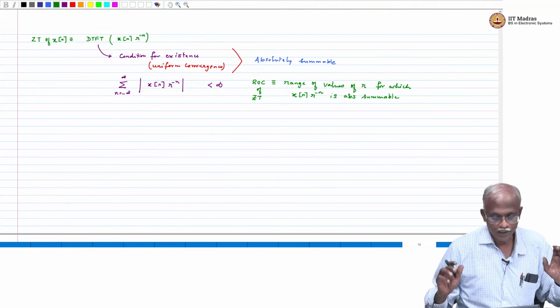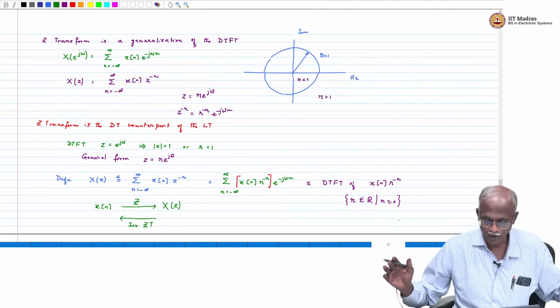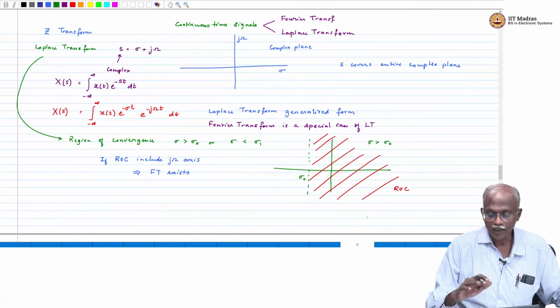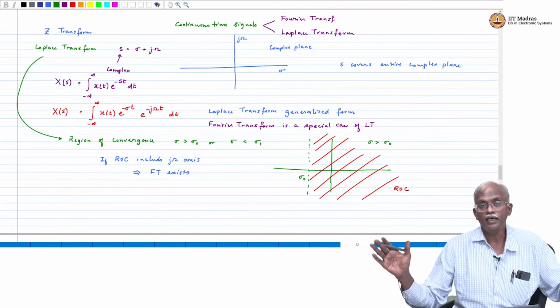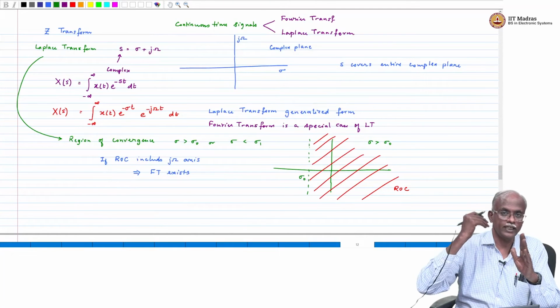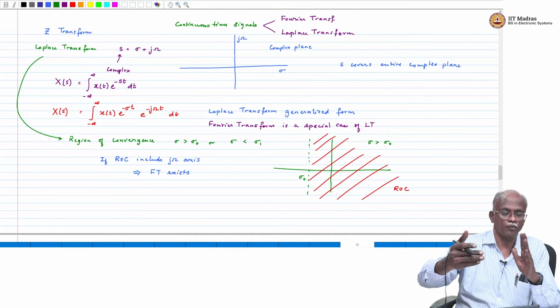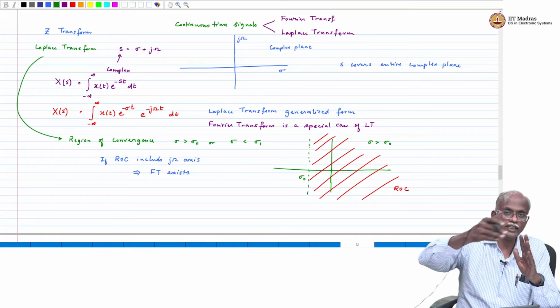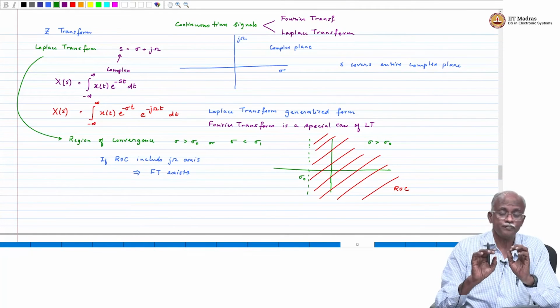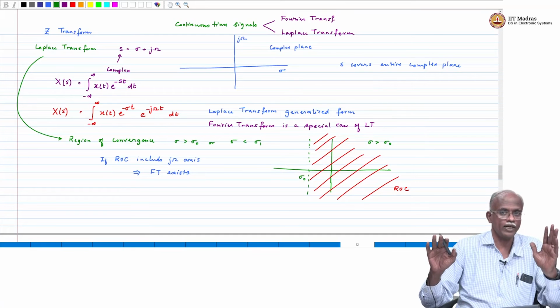Let me give you a minute to put all of the pieces in place. We started out by looking at the Laplace transform, how the Laplace transform is a generalization of the Fourier transform, with the Fourier transform as a special case of the Laplace transform. The Laplace transform variable covers the entire complex plane.